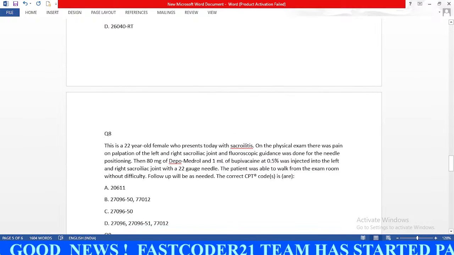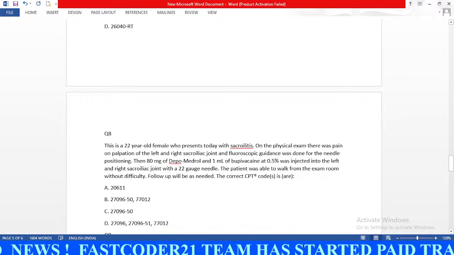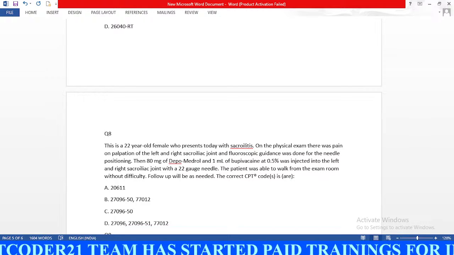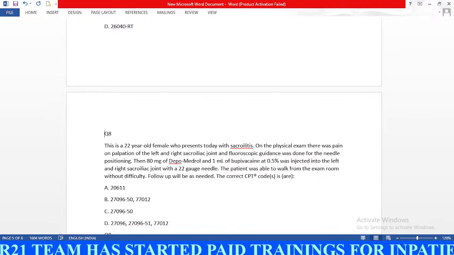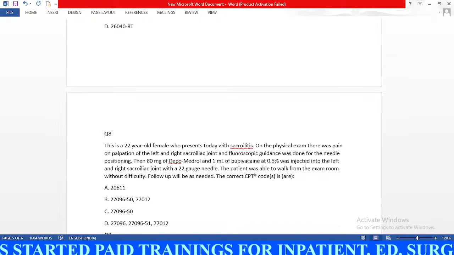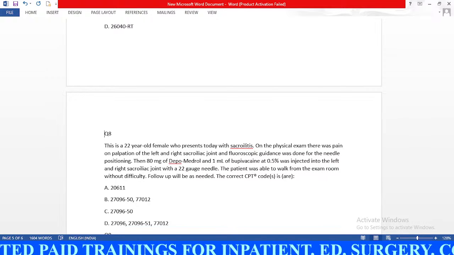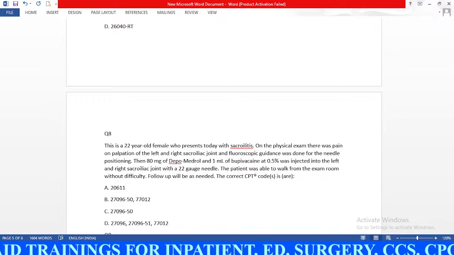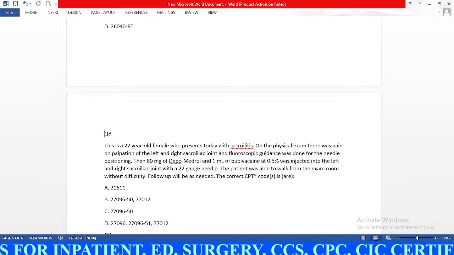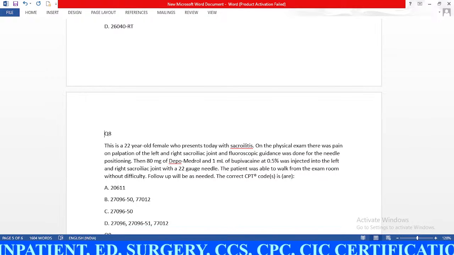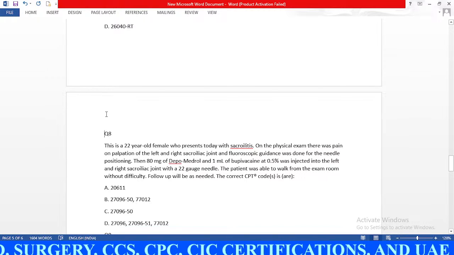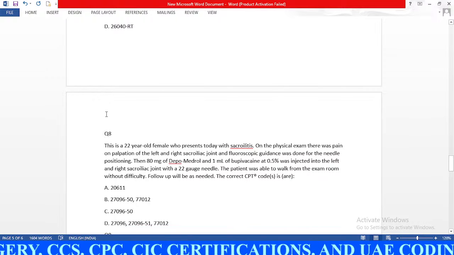Just check this question and find the answer. So first try to find the keywords.